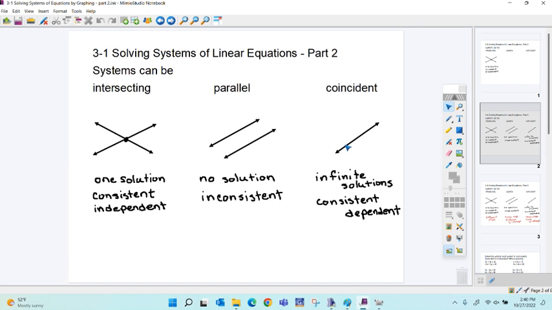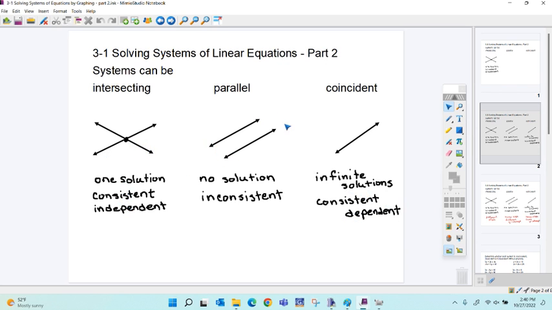And if you graph one line and you graph the other one and it turns out to be the same line, we say that there are infinite solutions and they're dependent on each other, because it's really the same line in disguise. We call that consistent and dependent. These are just the words that go with each case: if you graph two different lines and they cross, consistent and independent.